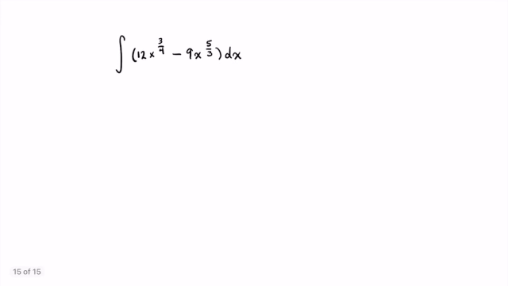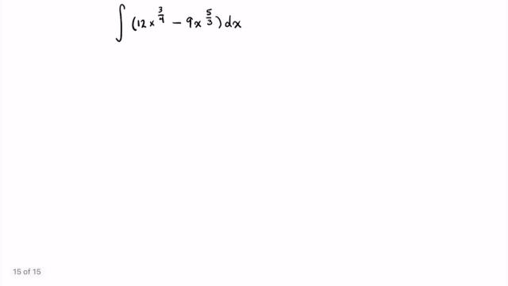When we have fractional exponents, again, sometimes it looks like it can be pretty tough, but I'm hoping that this will make a little bit more sense. So I'm going to break it down again. I have 12x. Well, I need to know what this power is increasing to. So 3/4 plus, well, 4 over 4 also is 1. That gives me 7/4. So I'm going to divide my coefficient by 7/4.